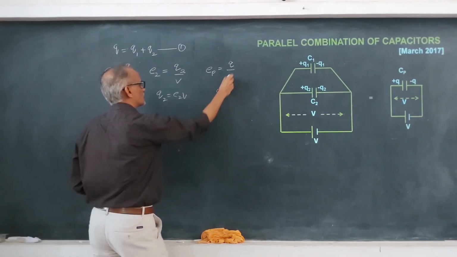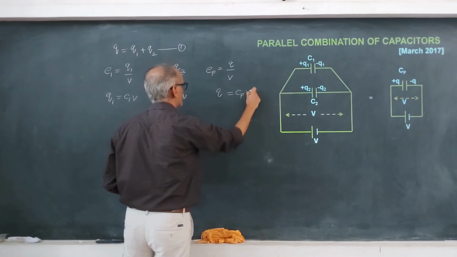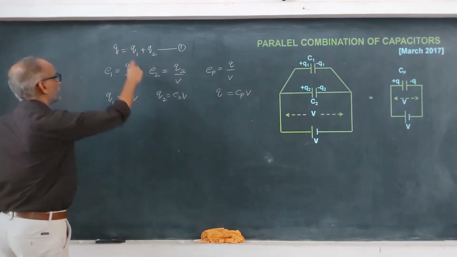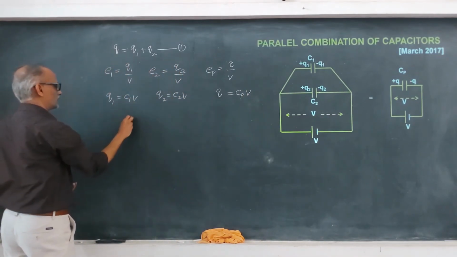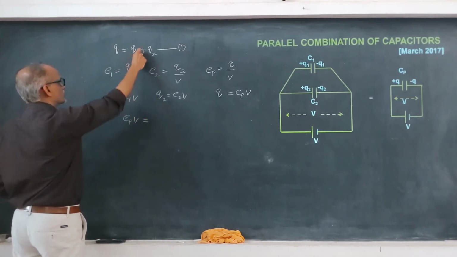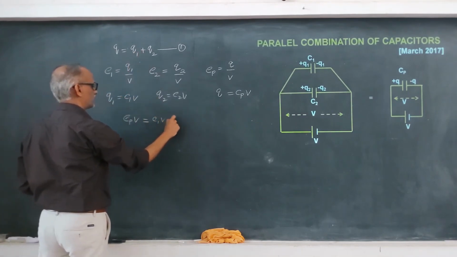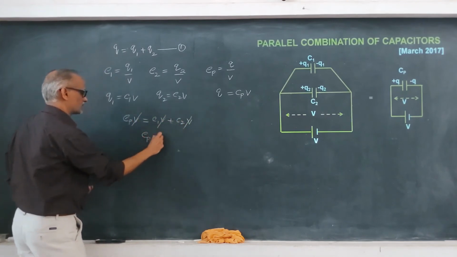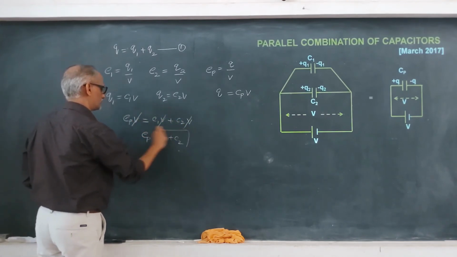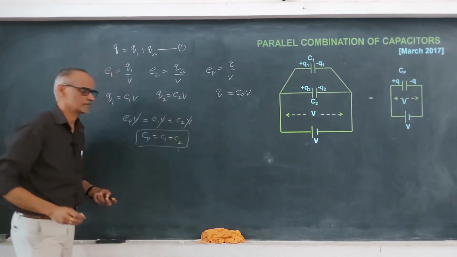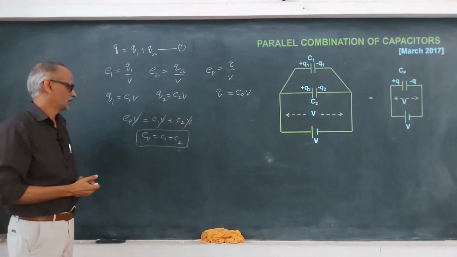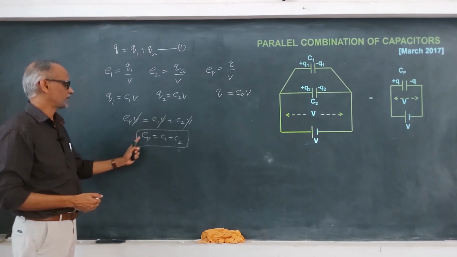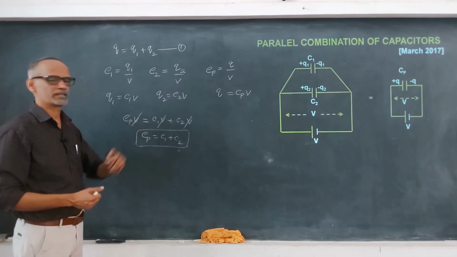What is Q? CpV. Now you substitute this here. What is Q? CpV. What is Q1 plus Q2? C1V plus C2V. So that V will get cancelled. So you will get Cp is equal to C1 plus C2. So effective capacity of the parallel combination is equal to sum of the individual capacitors.